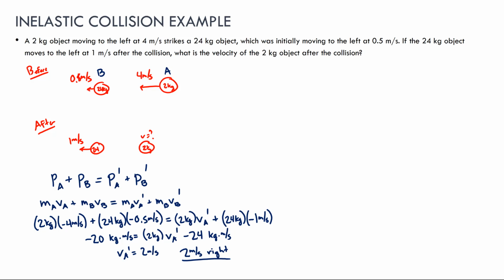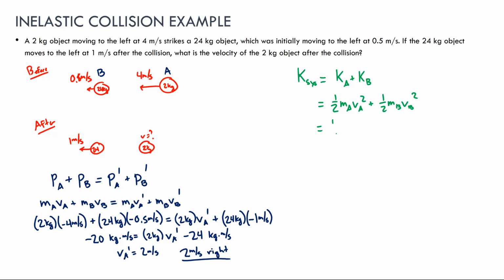Now, if I wanted to look at the kinetic energy involved in this situation, which isn't a bad idea, I know that the total kinetic energy of the system before is the kinetic energy of A plus the kinetic energy of B before the collision. That means 1/2 mass of A times the velocity of A squared plus 1/2 mass of B times the velocity of B squared.